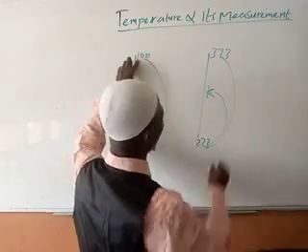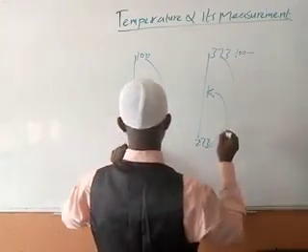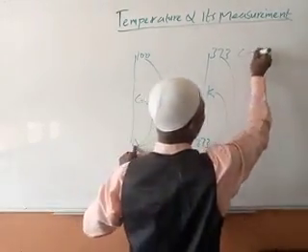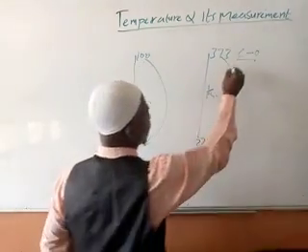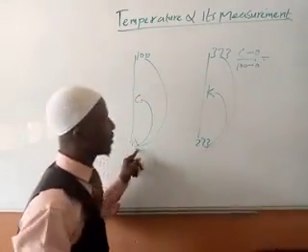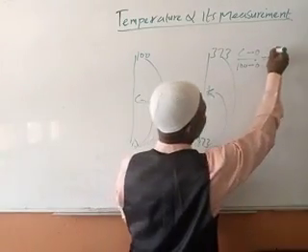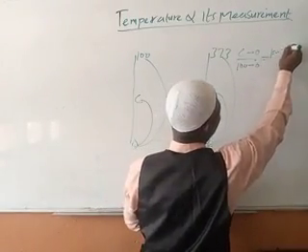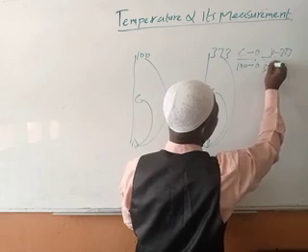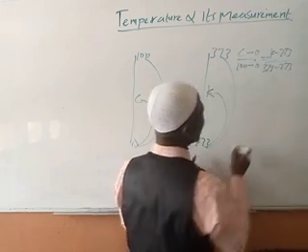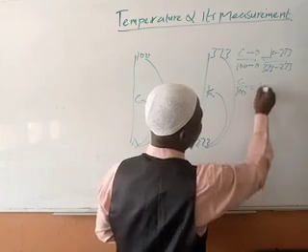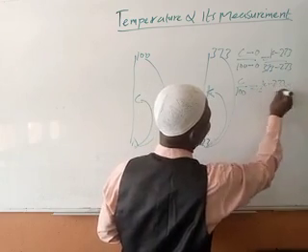So C minus 0 over 100 minus 0 is equal to K minus 273 over 373 minus 273. So at the end of the day, you are going to have C over 100 is equal to K minus 273 over 100.